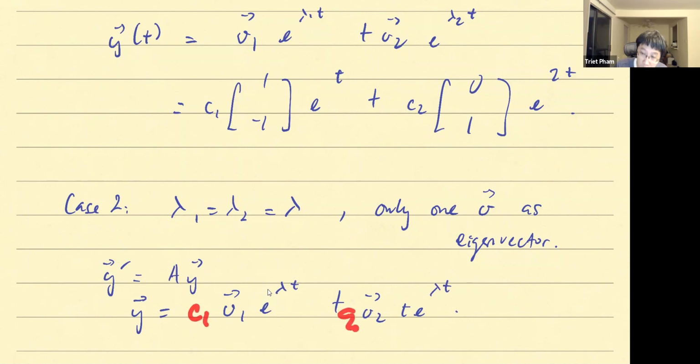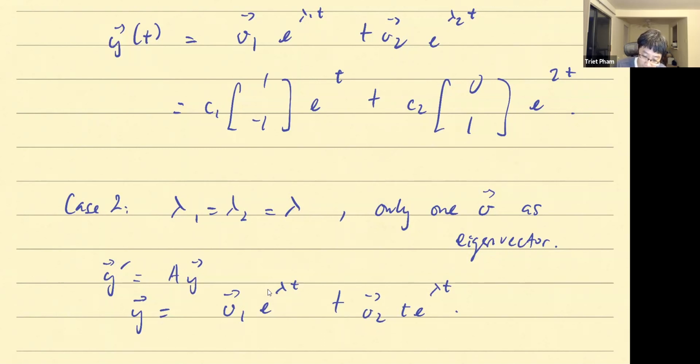I put c1, c2 up here, and then I got confused. The c1 should not be up front like this, because when I put it like this, I imply that the whole thing somehow preserves its structure. But if it's a pseudo eigenvector, this is not true. So I just keep v1, v2 separately like this, and then the nature of the vector is kept inside.